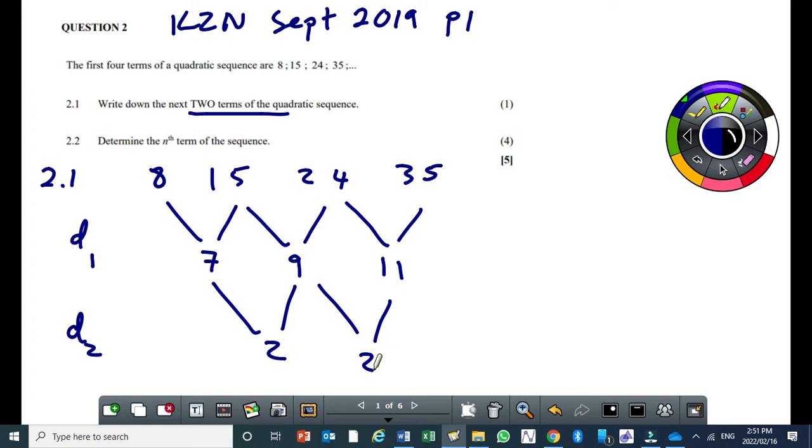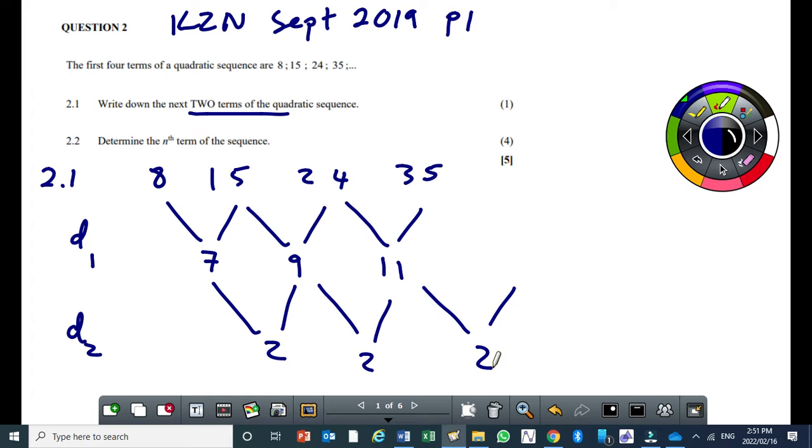Okay, now if I want to calculate the next two terms of the quadratic sequence, what it means is there is a number here such that I'm sure you can agree with me that to get this 35 we add 24 and 11 get 35, right? But there is a 2 here, okay?